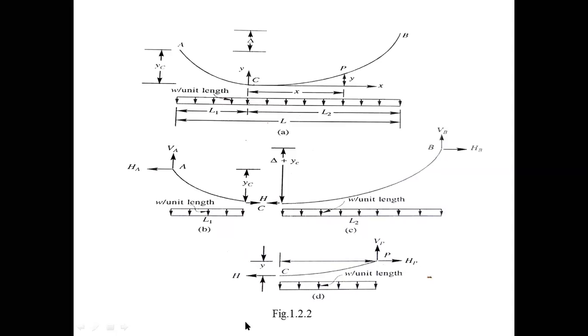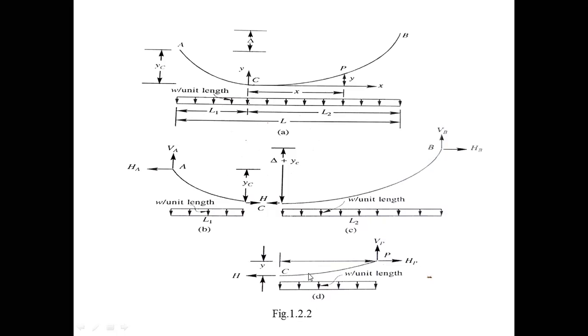For this equilibrium of portion CP, let us apply sigma Fx equal to 0. So at any point P, the vertical reaction V is equal to W into X. Isn't it?